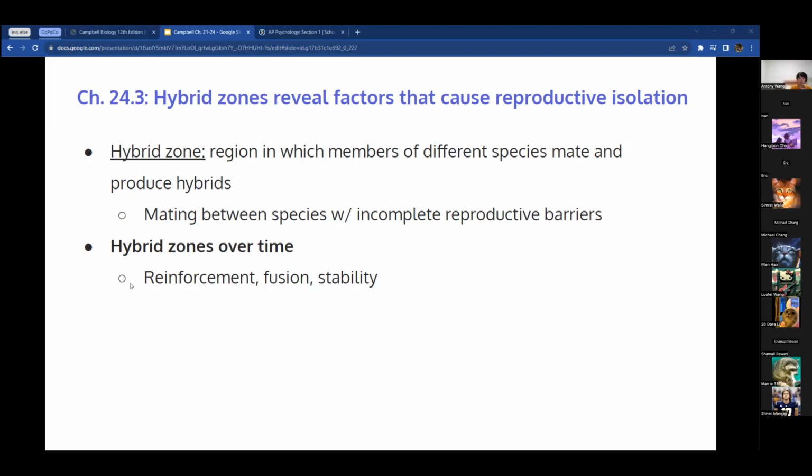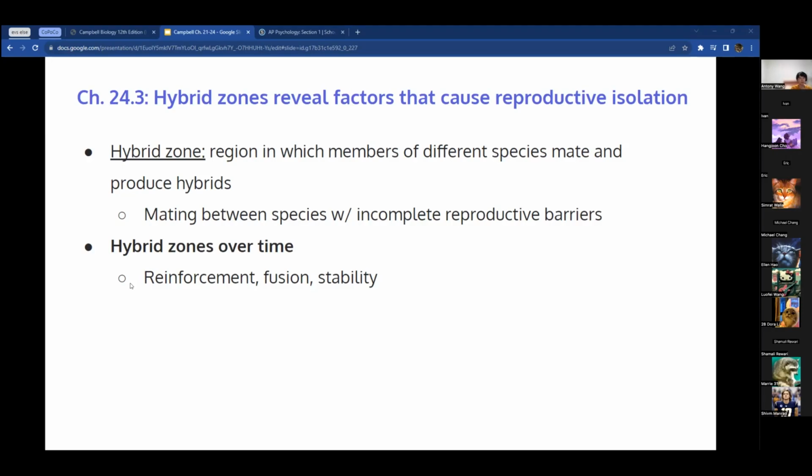Another possibility is fusion. So maybe the two species aren't that different after all. They mate, and the hybrids can survive and reproduce, and those hybrids serve as vectors that spread the gene pool of the two species, ultimately fusing the two different species into one.